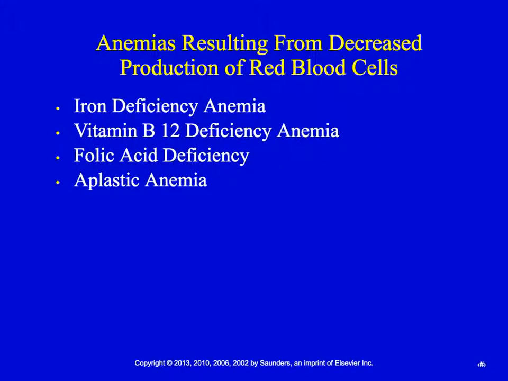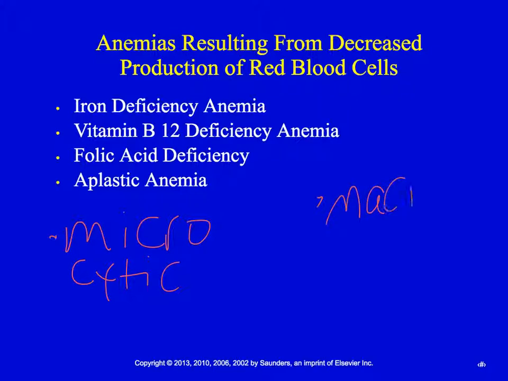Okay, this is a list of all the anemias that result from a decreased production of red blood cells. The big thing to understand about these anemias is that iron, vitamin B12, and folic acid are all required for the production of normal red blood cells. These types of anemias are further broken down into two different types: microcytic anemia and macrocytic anemia.